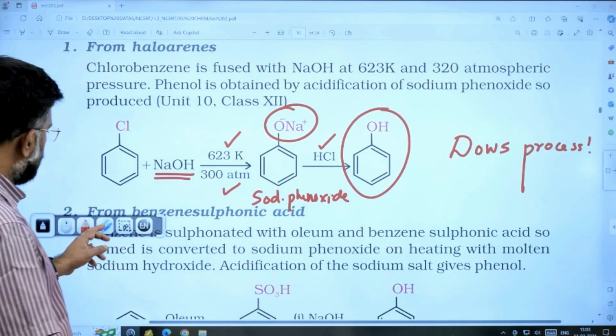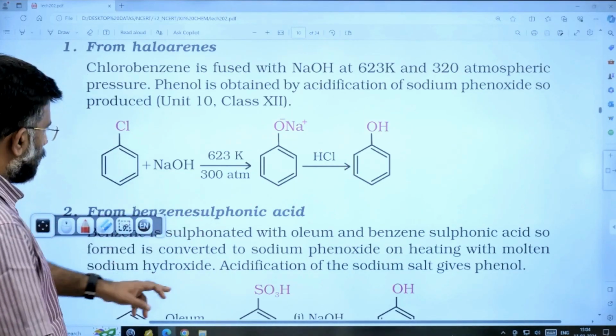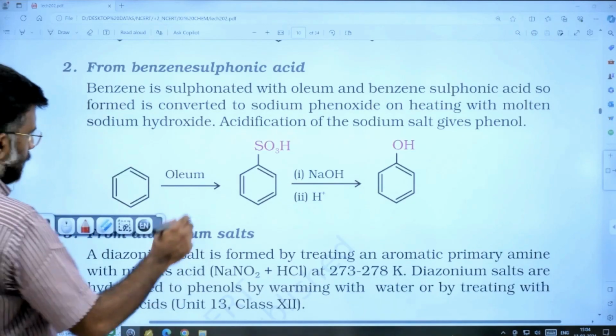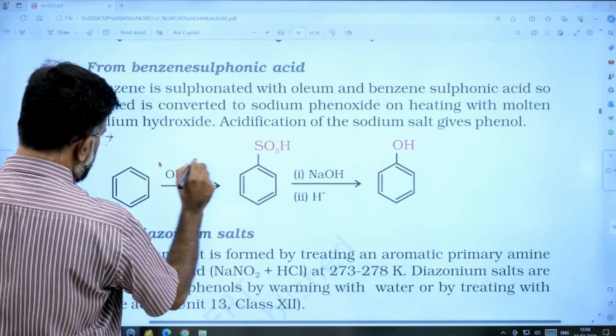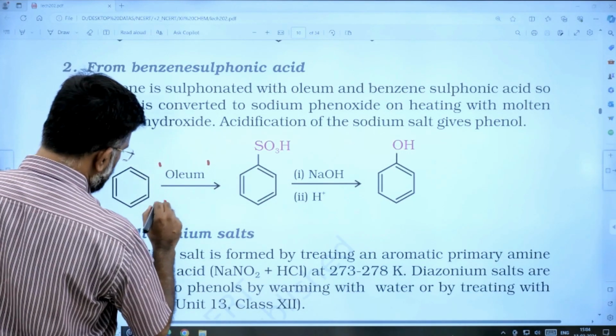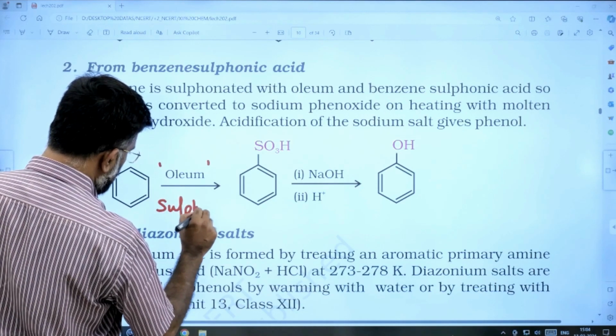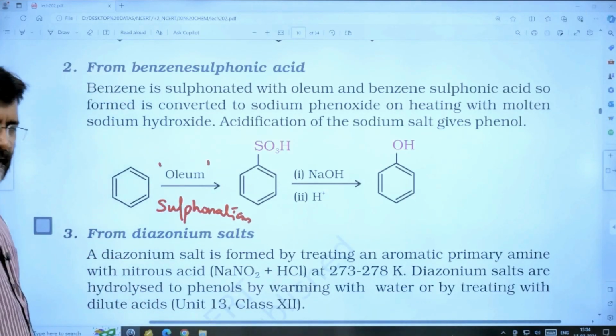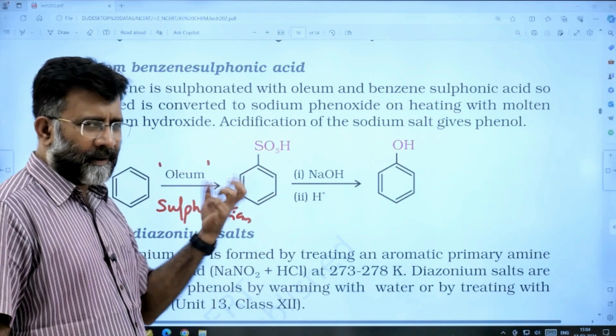From benzene sulfonic acid. Benzene treated with oleum undergoes a sulfonation reaction. The sulfonyl group is a better replaceable group.